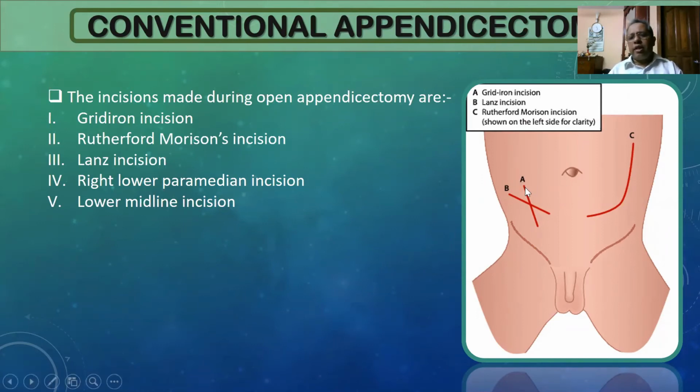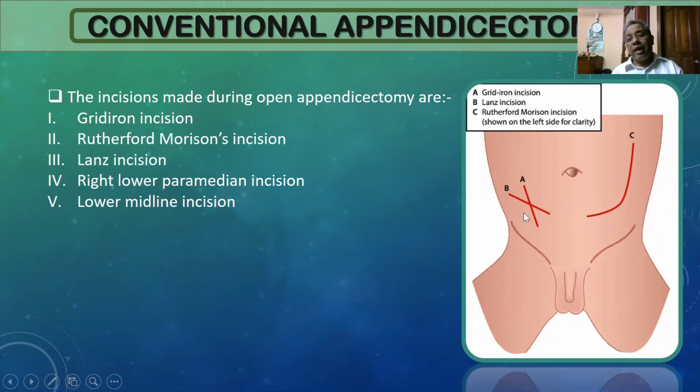That incision is extended and you cut the internal oblique and transverse muscles, put the retractor inside and retract. So whenever that incision is extended and the muscles are cut, more exposure is there. The incision is extended, which is represented on the right side for easy visualization. That incision is called the Rutherford-Morrison incision.